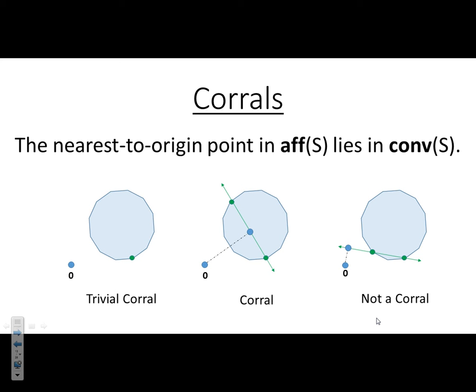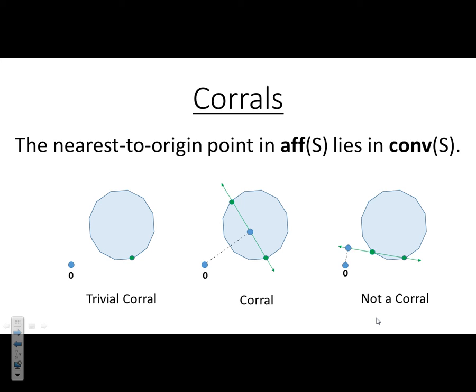It has a definition. Wolfe defines a set of points S to be a corral if the minimum norm point in the affine hull actually ends up in the convex hull. For instance, in this case, for these 2 points, this is the origin, the minimum norm point is here, it lies in the convex hull. So these 2 points form a corral.